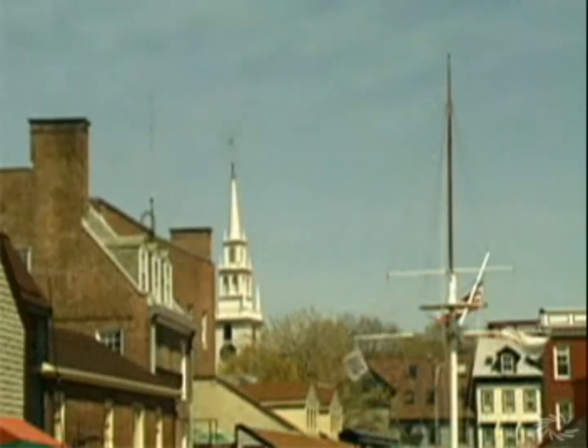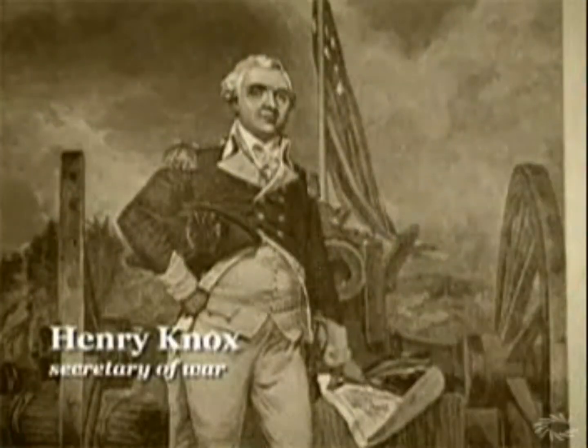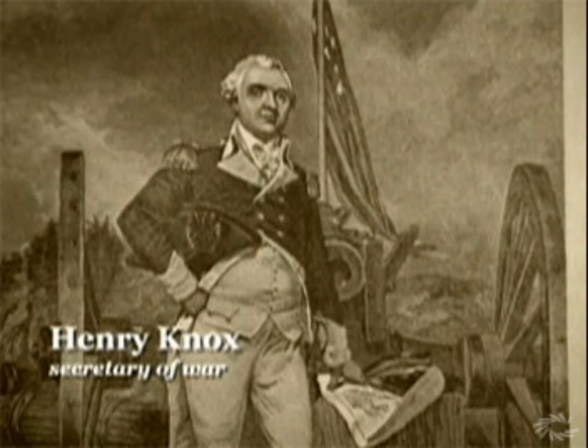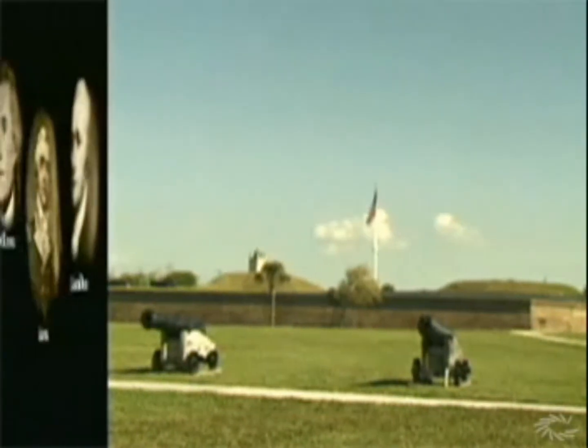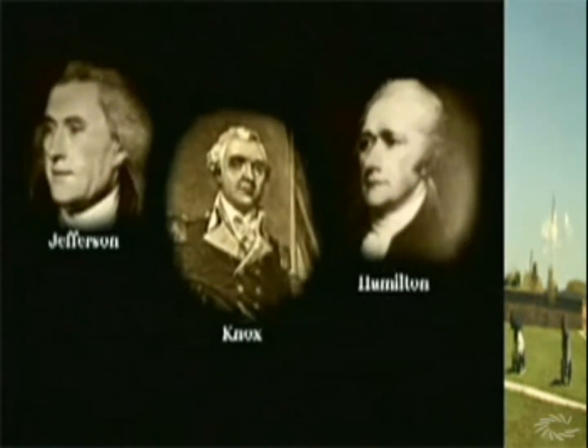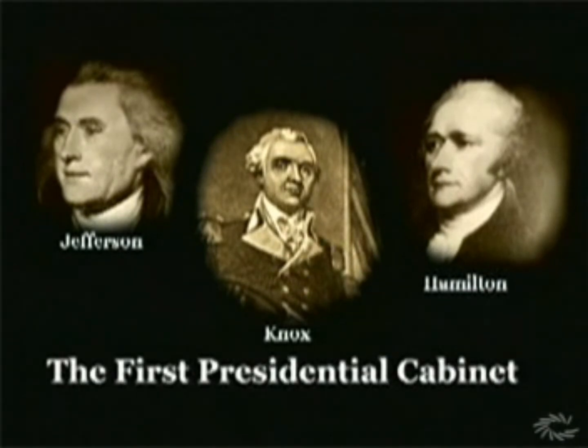Hamilton would deal with the nation's financial matters. Henry Knox, a Revolutionary War hero, was selected to be his Secretary of War. Knox would oversee the nation's defense. The heads of the three executive departments were the president's closest personal advisors and made up his first presidential cabinet.